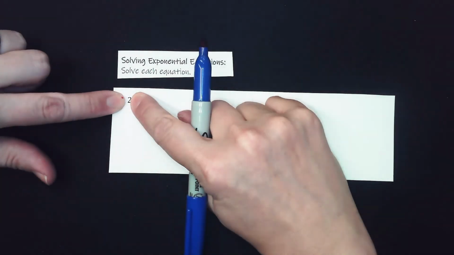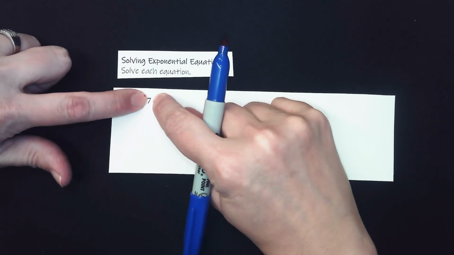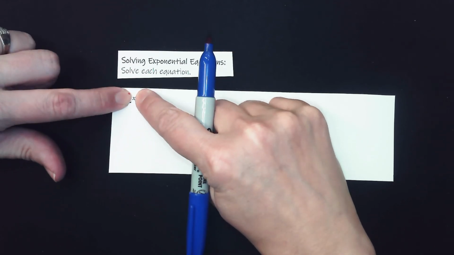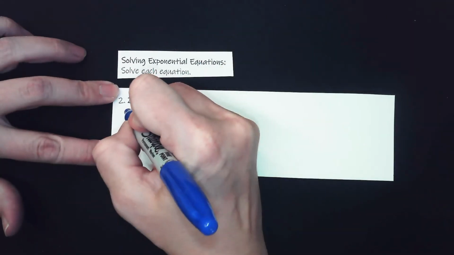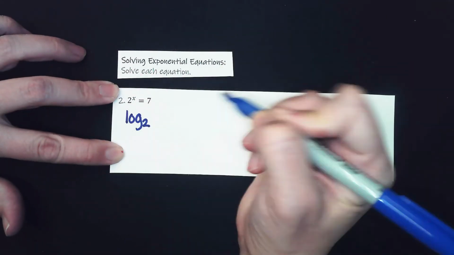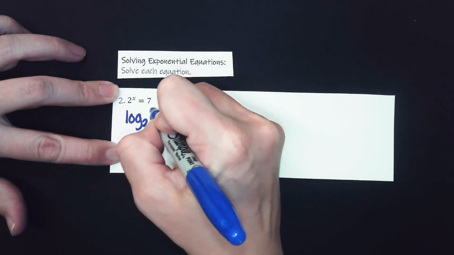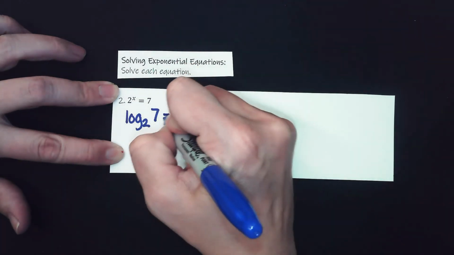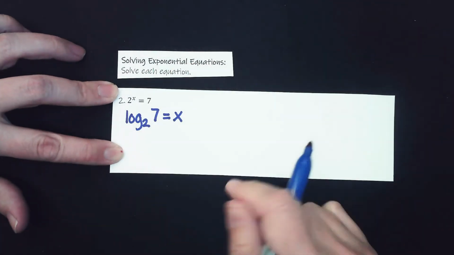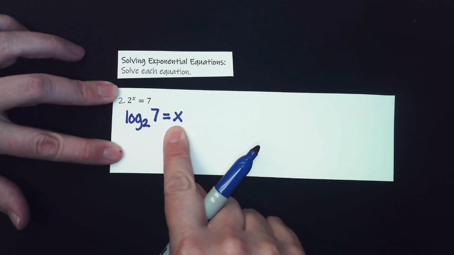Remember, log base 2 of 7 equals x. Okay, so I can write that out. The base is still the same, log base 2. Remember, we jump over the equal sign, and that gets what's inside the log. Then it equals the power. Now I can solve this.